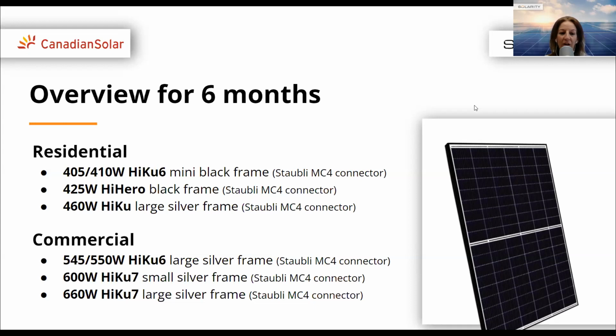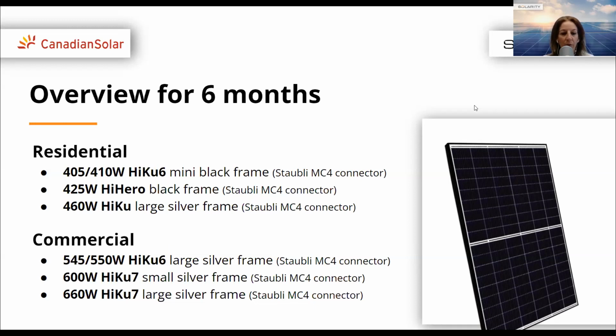Hiku large, 460 watt peaks, is one of the needed models for which there is really high demand nowadays, but the availability will be, let's say, during June. So we will definitely have it in our eShop, but there is a delay.